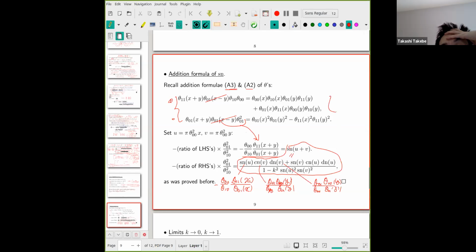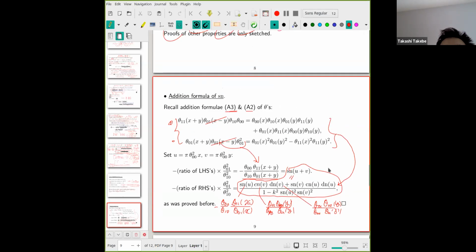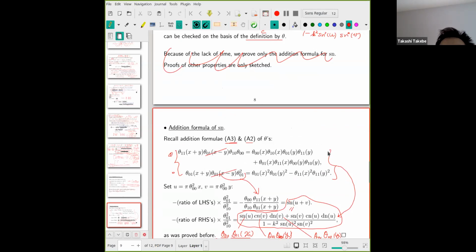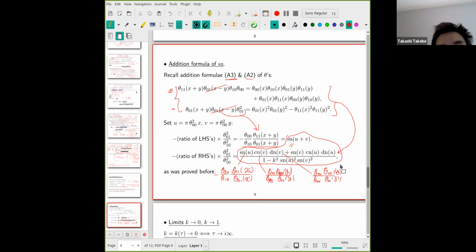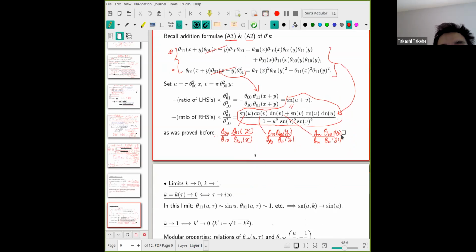Similarly, the ratio of them is equal to this expression. So the addition formula is a direct consequence of the properties of theta functions we proved before. Well, okay, that's easy.